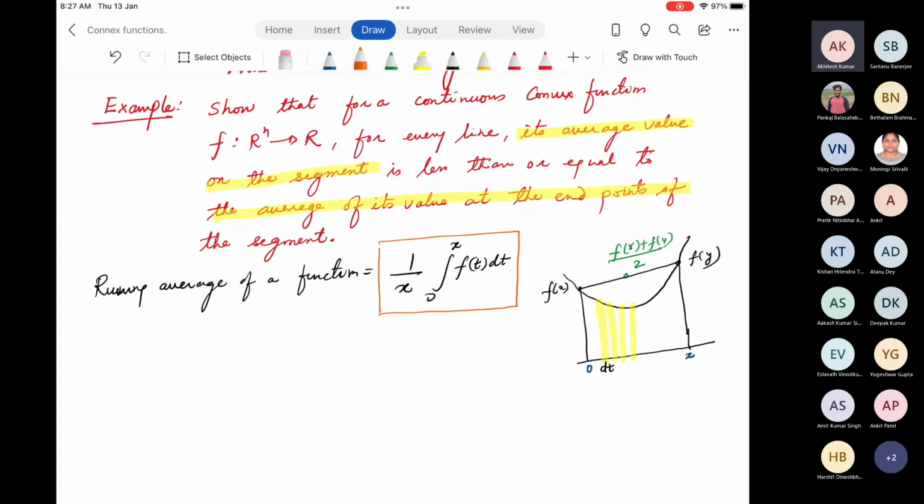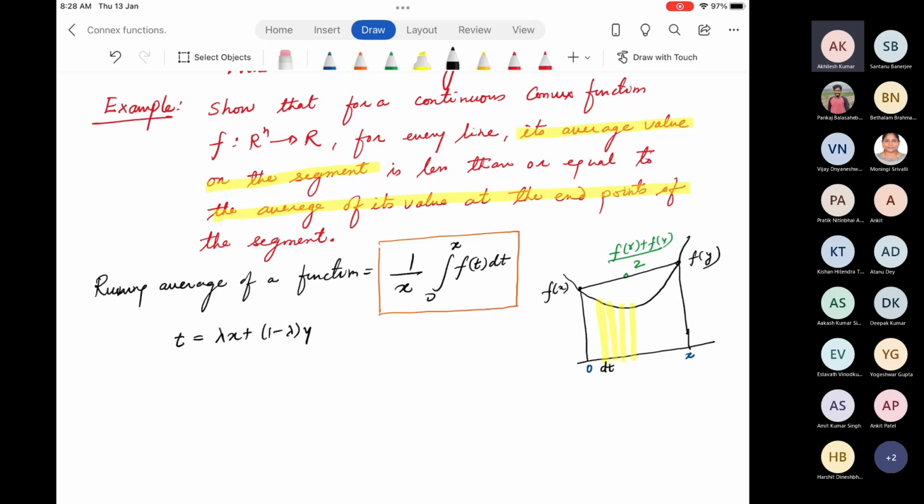Yeah, that is very fine. But what does the integration equation look like? So you are saying t equals lambda x plus 1 minus lambda y.